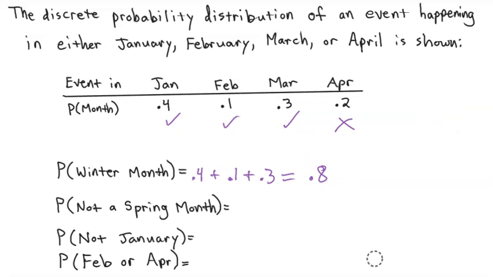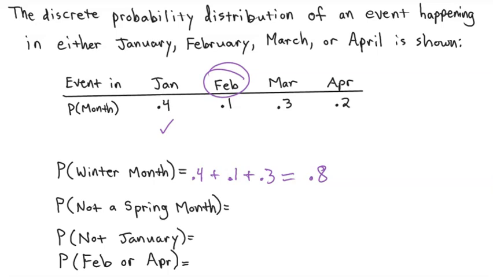All right, now what is the probability that it happens not in a spring month? Let me clear out these check marks and X's. So, not a spring month. Is January not a spring month? That's correct. January does not contain spring. How about February? Is February not a spring month?